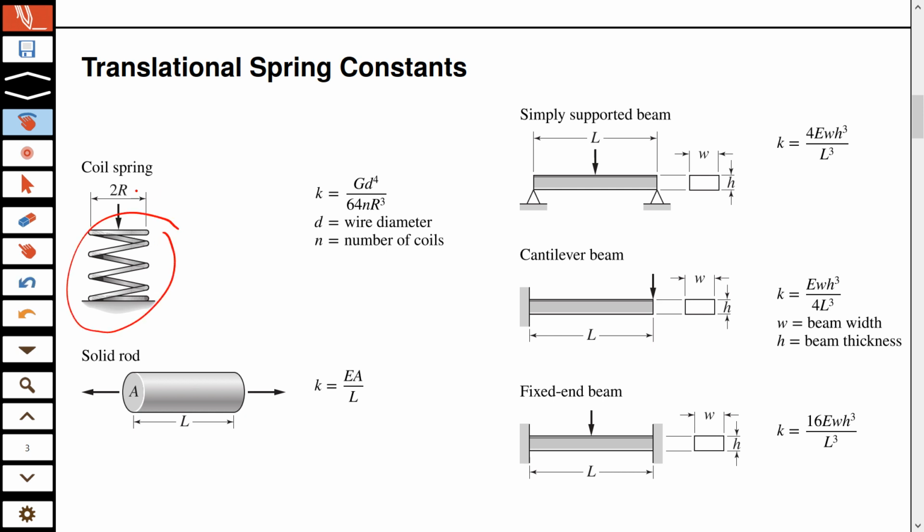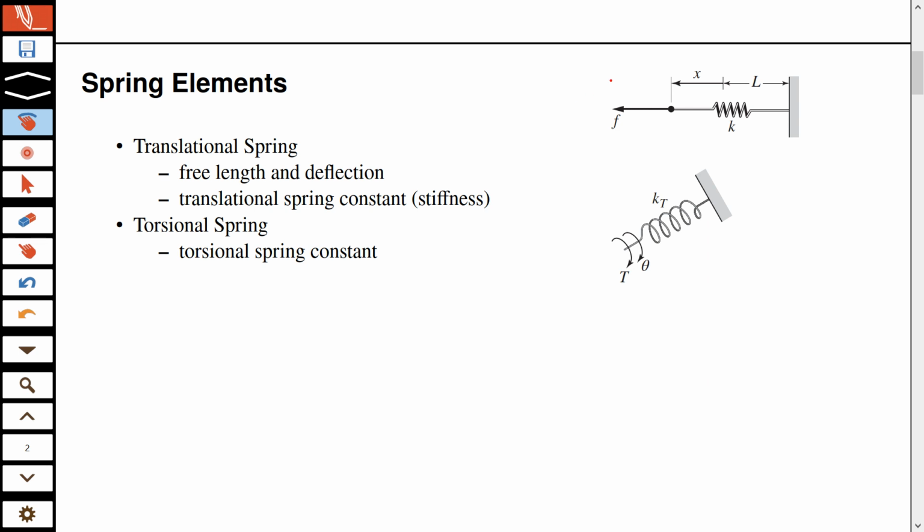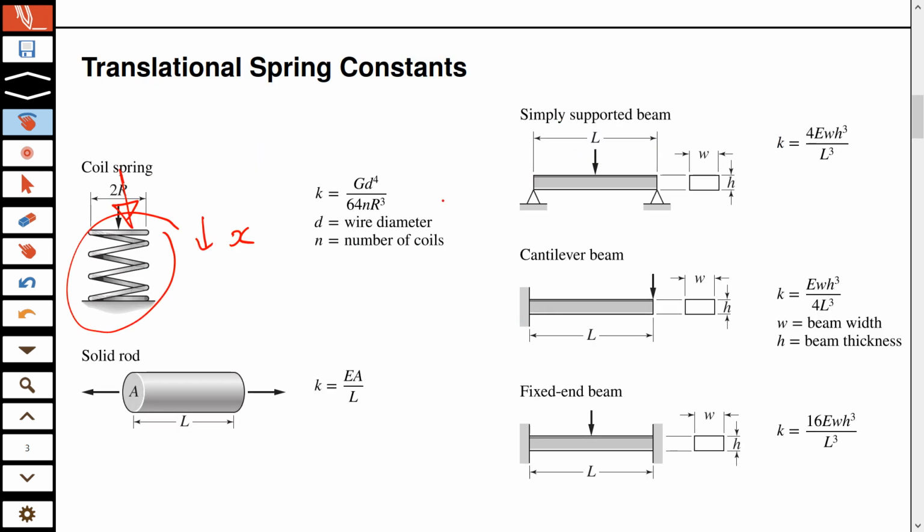When you know the loading is vertical, you know that this deflection, remember we use x for deflection, will also be vertical. Here the deflection is horizontal because the loading is horizontal, and here also it is straightforward: horizontal loading, so we can imagine that the deflection will also be horizontal.